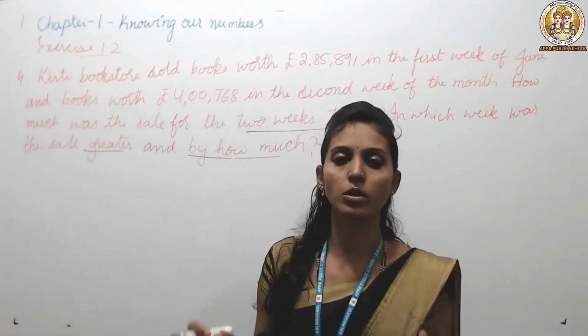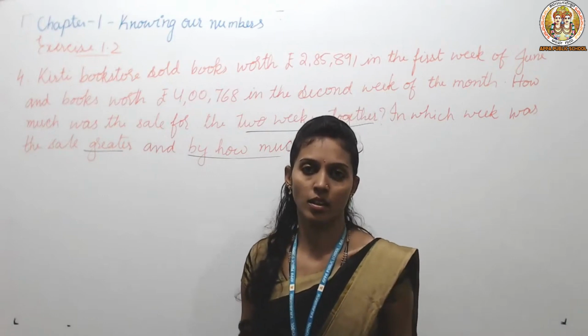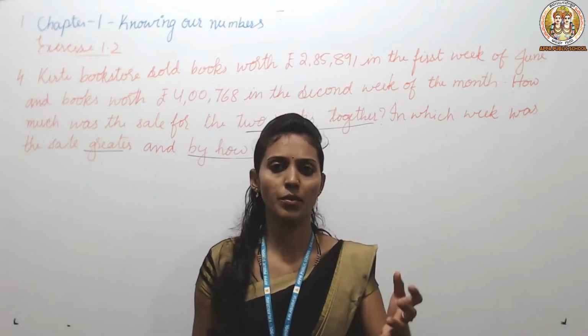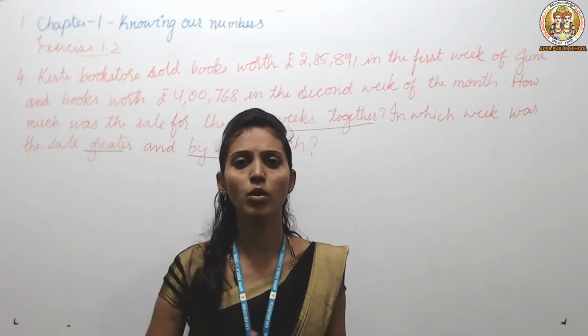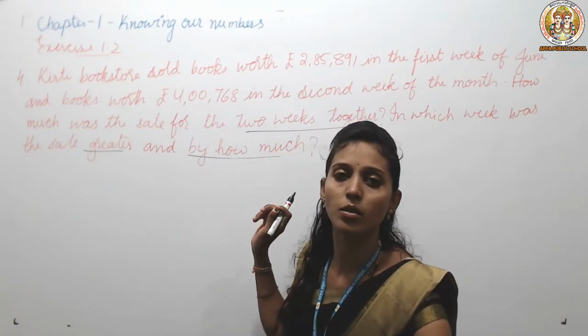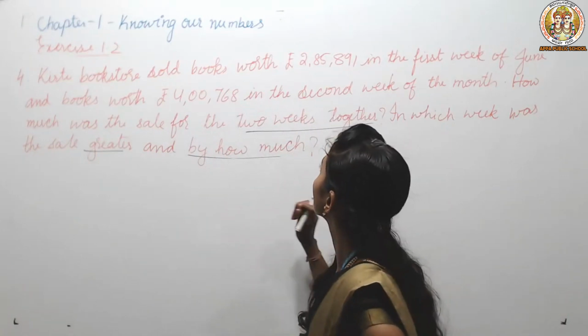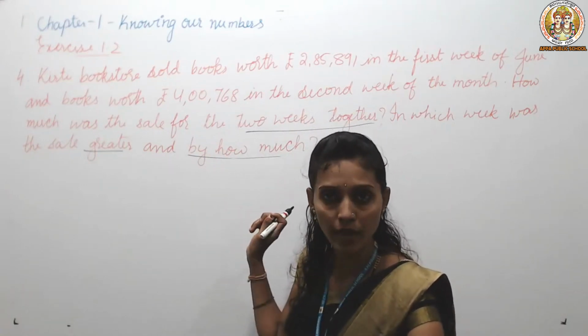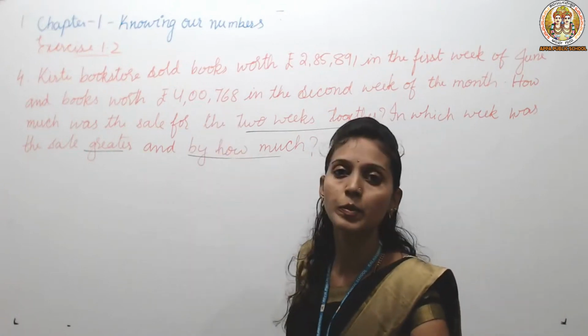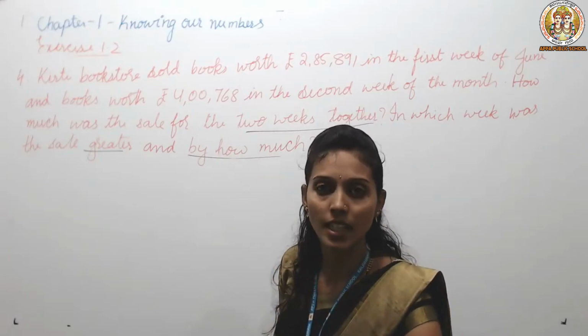See, there was a sale for 2 weeks. I think it won't be the same for both the weeks, right? In one week the sale might be more or less. In another week, the same. First week it is rupees 2,85,891. In the other week it was rupees 4,768.